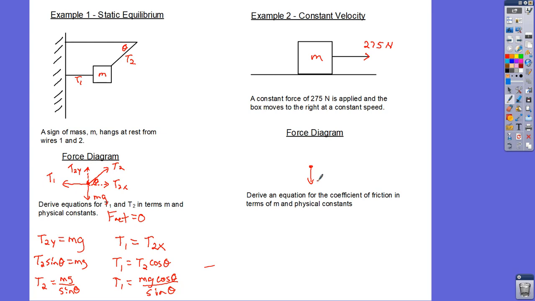So we have a downward force mg, a normal force upward, a force of 275 newtons, and because we know it's at constant speed, we have a frictional force there. So because we have constant speed, we know that F net is equal to 0. So sometimes we use equality marks. So we know that those two forces have to be equal and these two have to be equal.